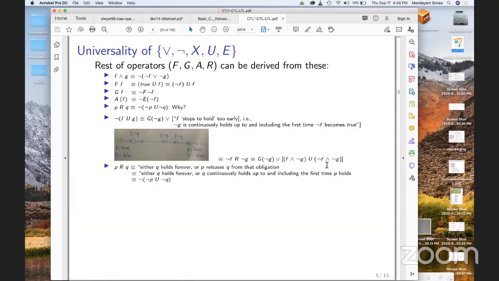The disadvantage of expressing it this way, with the negation, is that in this formula not G gets replicated 3 times.